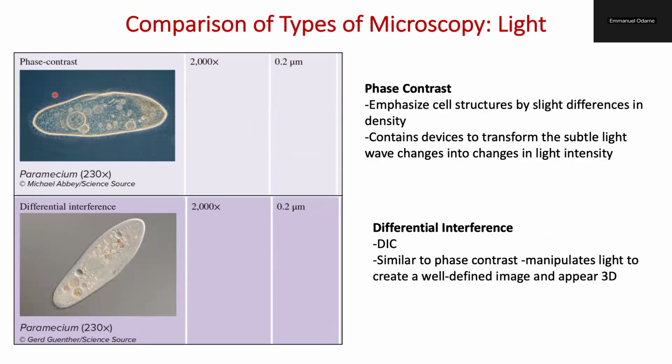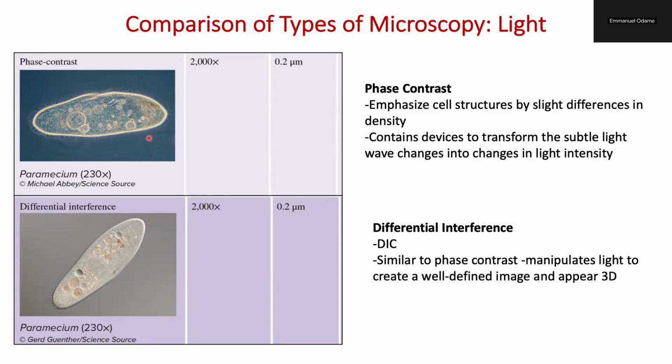And then we have the phase contrast. So phase contrast emphasizes cell structures by slight differences in density. As you can see, the same paramecium, this time around you can see some of the cell structures in it. And you can clearly see the background helps distinguish it. It contains devices that transform the subtle light waves into changes in light intensity.